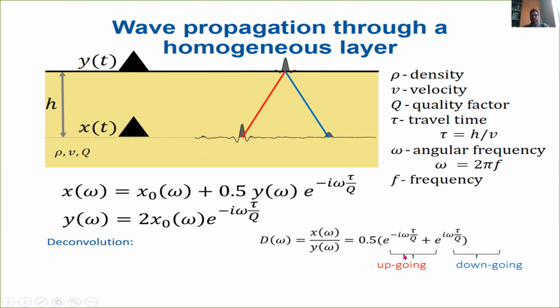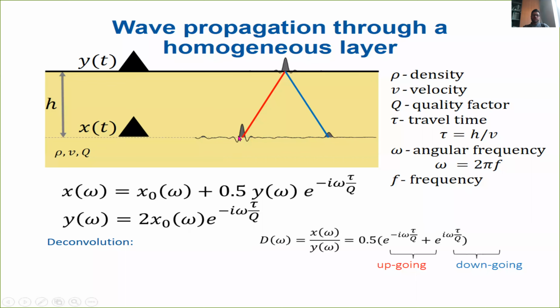But that has also an interesting term that we see is describing the upgoing propagation here with the terms minus tau. This is just a question of definition. And then another term that is describing the downgoing propagation for the positive time.